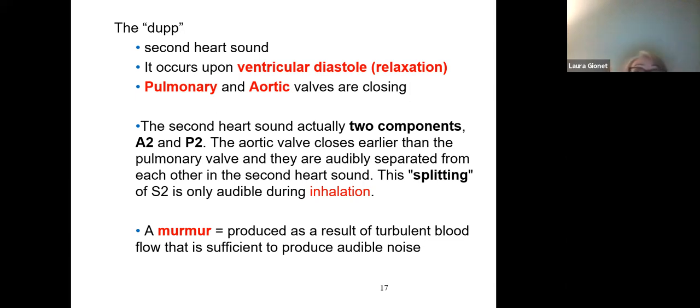Or one of the other issues could be that the valves are incompetent. The papillary muscles attached to the chordae tendineae that attach to the tricuspid and mitral valves are designed to keep those valves from flipping inside out.